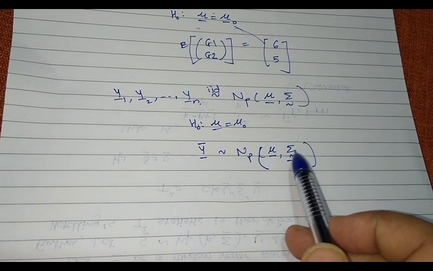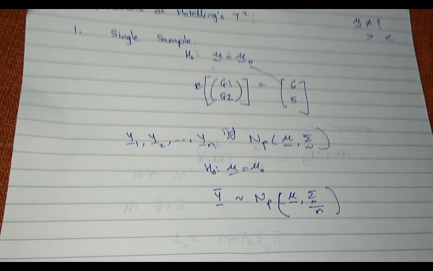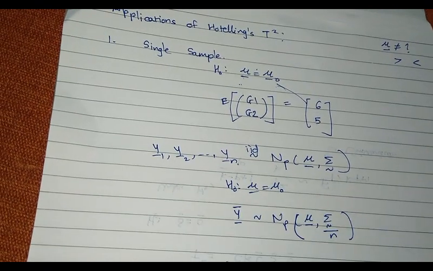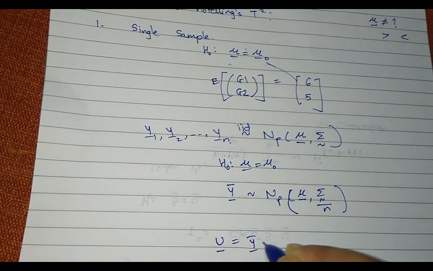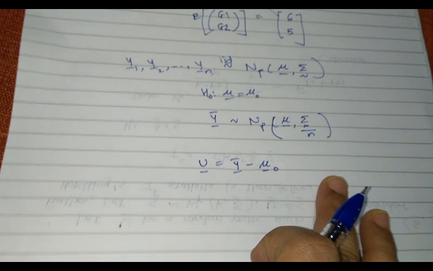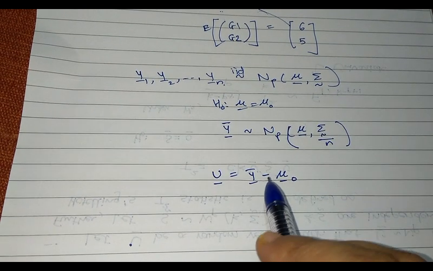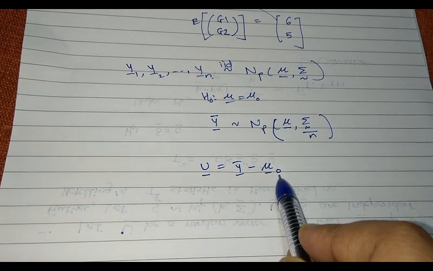So what can I do? If I want to make the mean of something 0, the only thing I can do is standardize. So if I define u as y bar minus mu naught, first of all, can I do this? Yes, I can, because mu naught is a known constant.